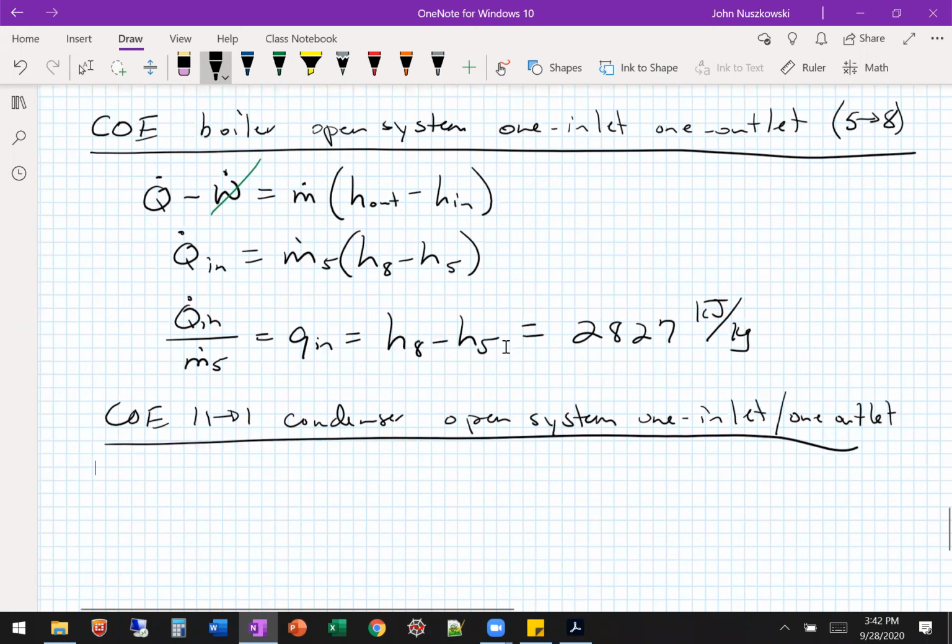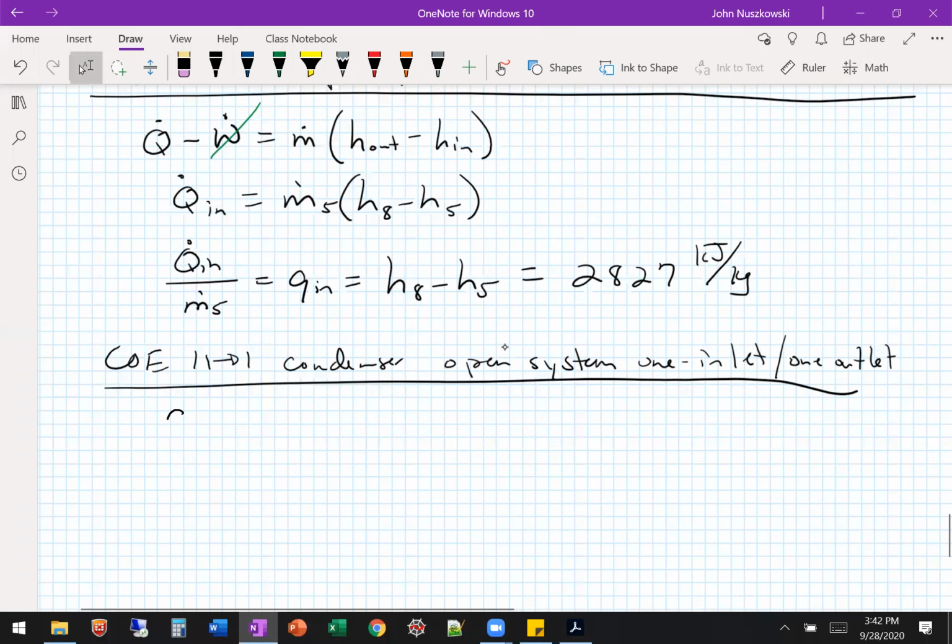All right, so we're going to start with that same COE, steady state, one inlet, one outlet, neglecting kinetic and potential. All right, again, no work.